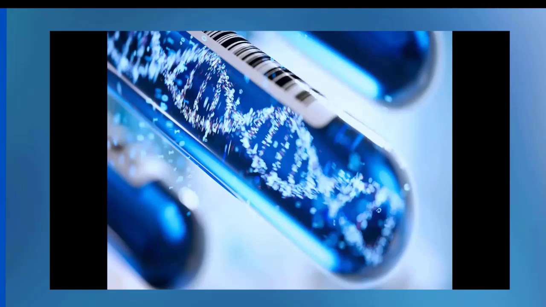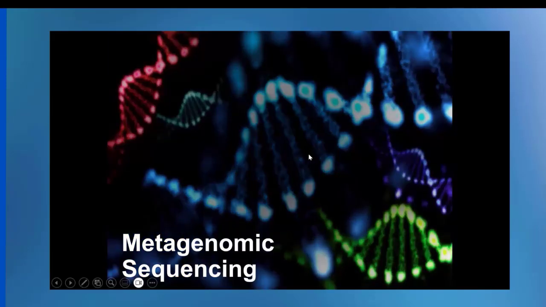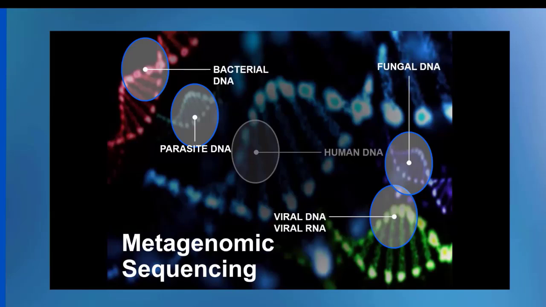So, for example, if we take cerebrospinal fluid, as in the case of metagenomic sequencing of cerebrospinal fluid, we can take that specimen and we can look at all the nucleic acid that is present in the specimen. So this is an example. We would sequence everything. We would sequence all the DNA, and I'm going to show you the RNA as well.